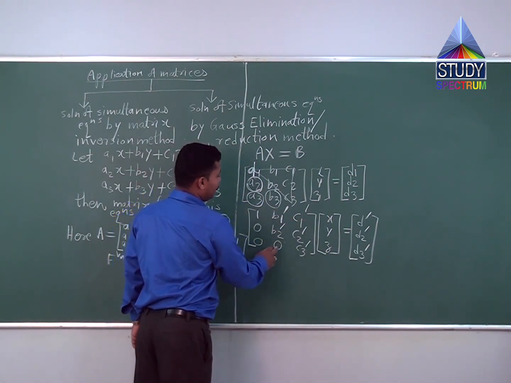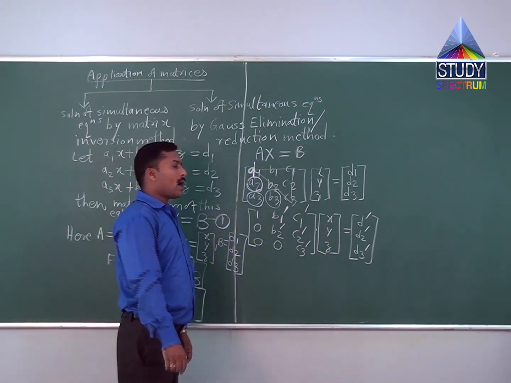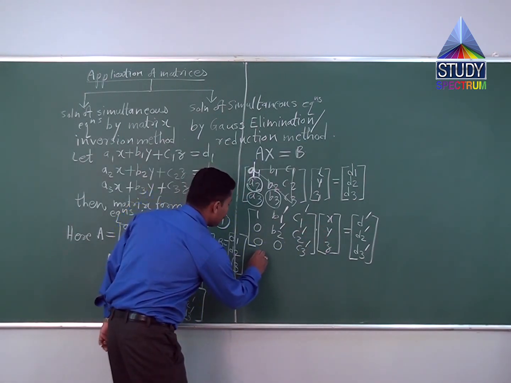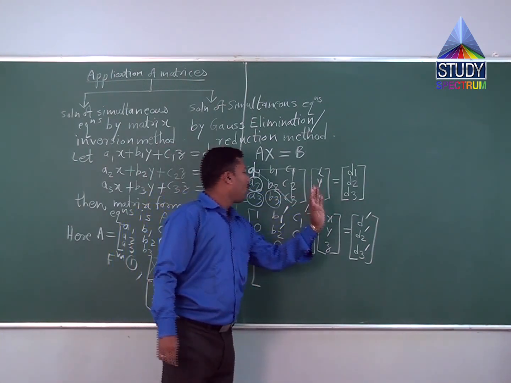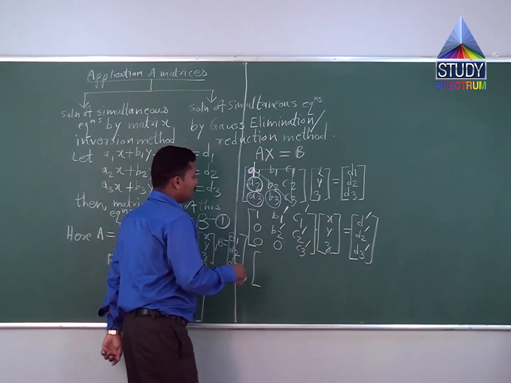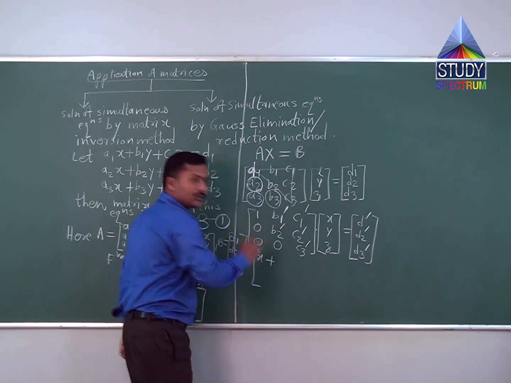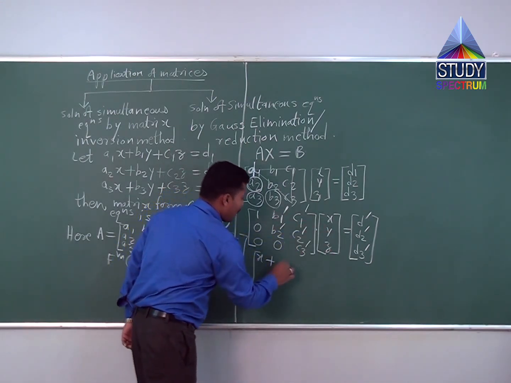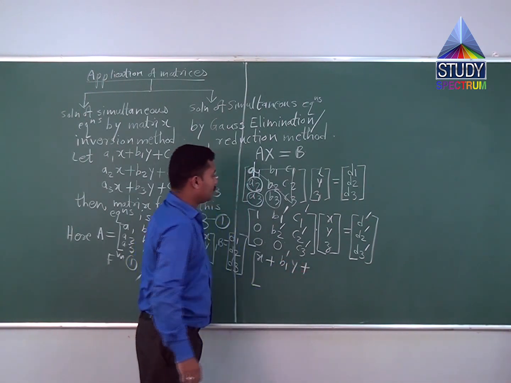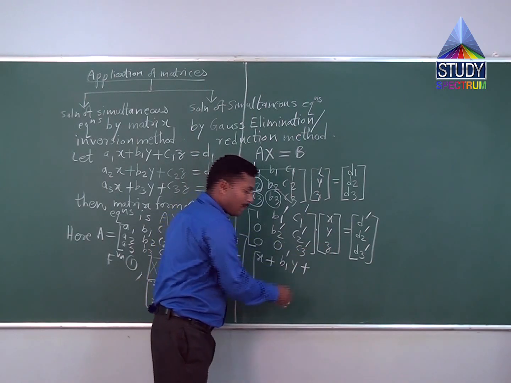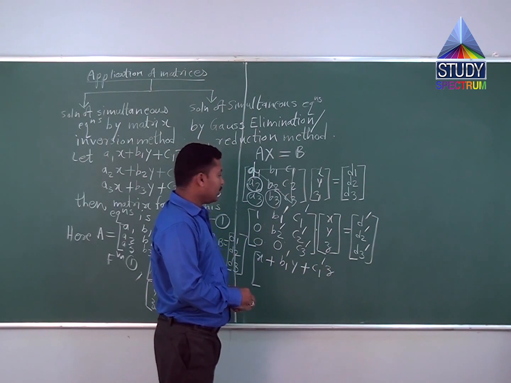So this is a column matrix, and here is a multiplication. So by multiplication, what happens? First row, first column: 1 into x, x, plus b1 dash into y, b1 dash y, plus c1 dash into z, c1 dash z.